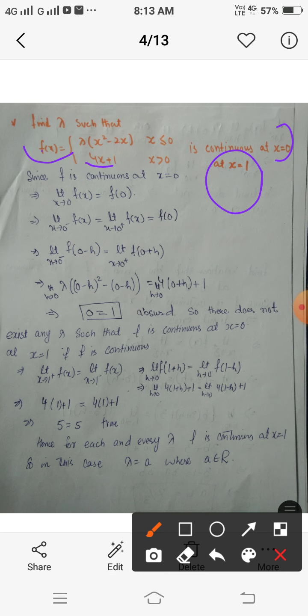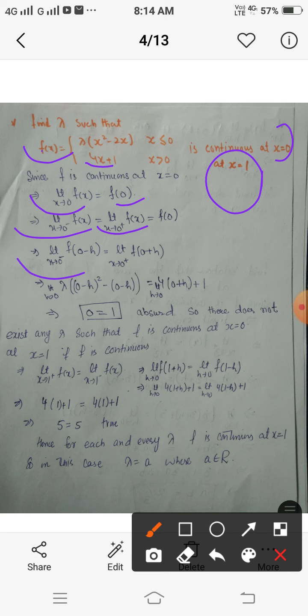Now here it is continuous at x equals 0, so the limit exists and the value of the limit equals the value of the function at the given point. So limit x tends to 0 equals f of 0. Or we can simply say that when a limit exists, left limit equals right limit. That is, limit x tends to 0 negative equals limit x tends to 0 positive, f of x is f of 0.